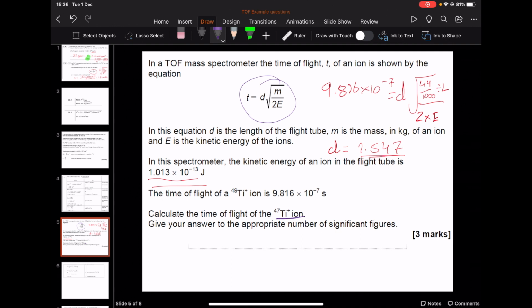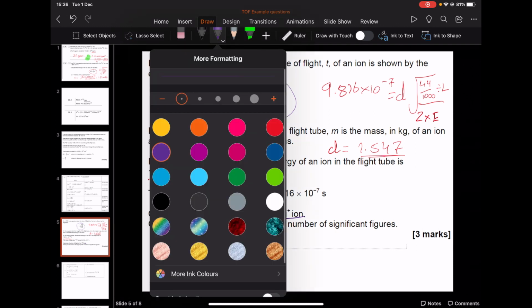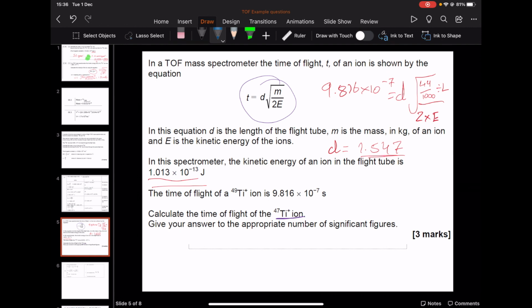Just remember also that you need to change the mass. For the question you just worked out, you use the 49 mass, but for this question now you need to use the 47 mass. So the equation would be: T equals D, which is 1.547, multiplied by the square root of the mass, which is 47 divided by 1000, divided by L, where L is Avogadro's constant, over 2 times 1.013 times 10 to the minus 13.